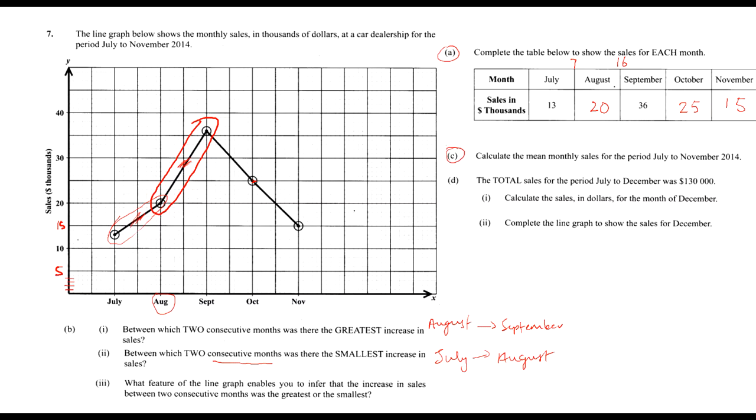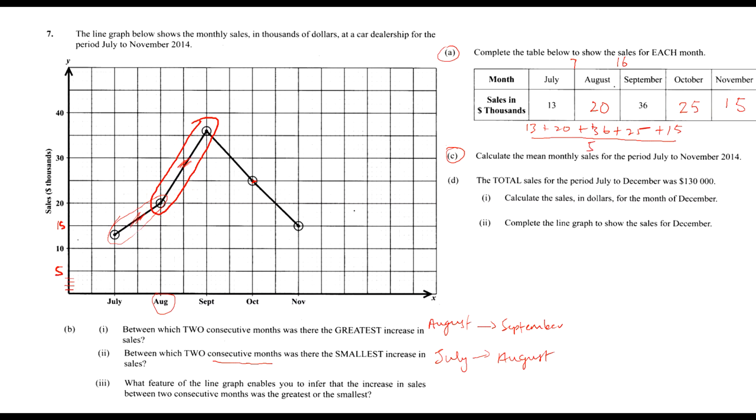So part C now. Calculate the mean monthly sales for the period July to November. So all we need to do, we want to calculate the mean. So we're going to add up all of them. So it'll be 13 plus 20 plus 36 plus 25 plus 15, and I'm going to divide all of that by how many months do we have here? 1, 2, 3, 4, 5.